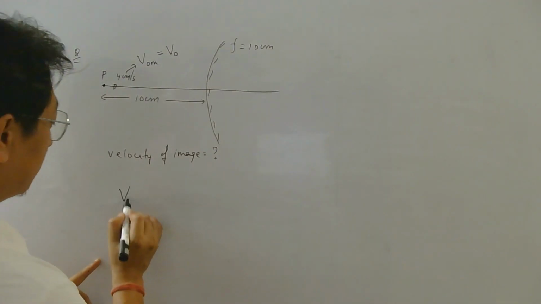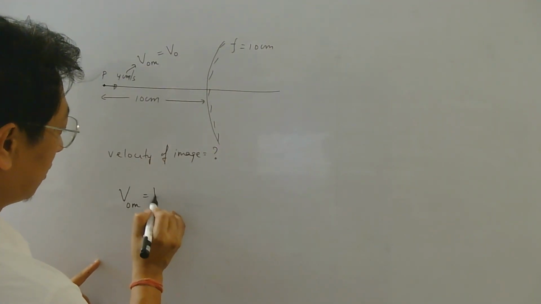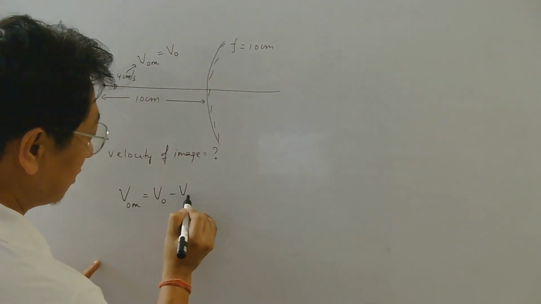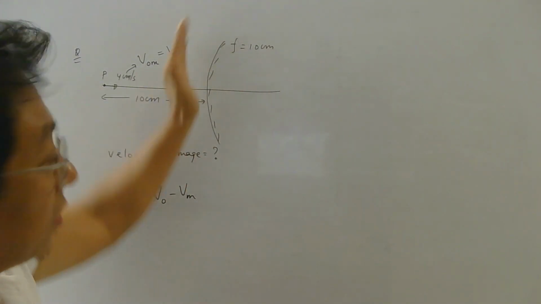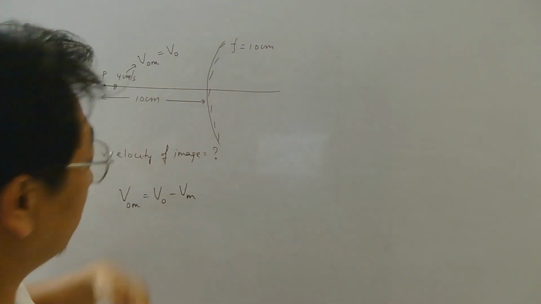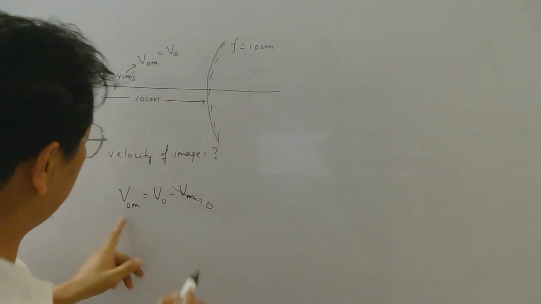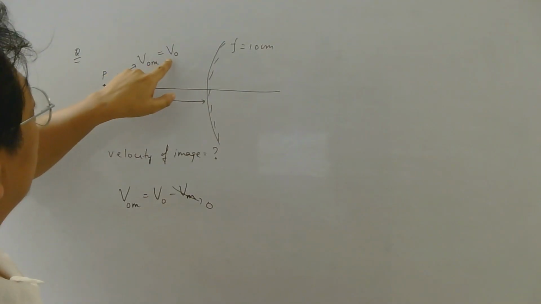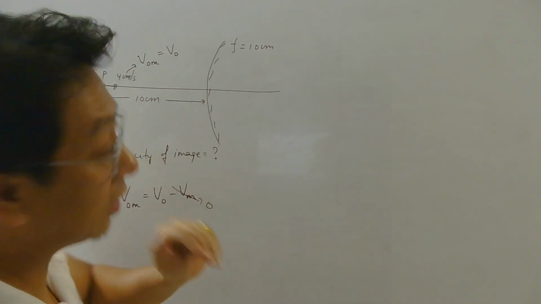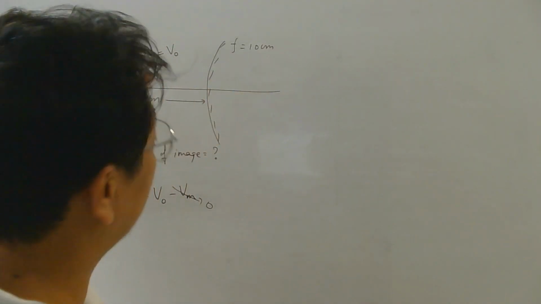That is because object velocity with respect to mirror means object velocity minus mirror velocity, and these two are with respect to ground. So if the mirror is at rest with respect to ground, this will be 0. So these two will be same. Okay. So this 4 centimeter per second is the object velocity with respect to ground along the principal axis.